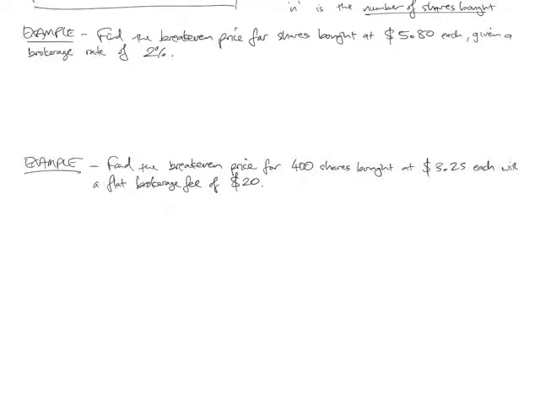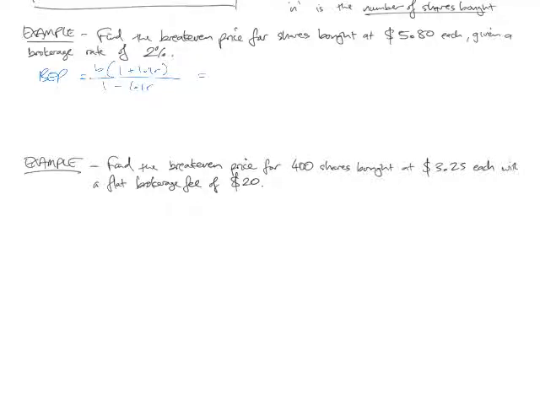So the first example: find the break-even price for shares bought at $5.80 each, given a brokerage rate of 2%. Break-even price is going to be that formula I've just given you, B(1 + 1.1R) over 1 - 1.1R.